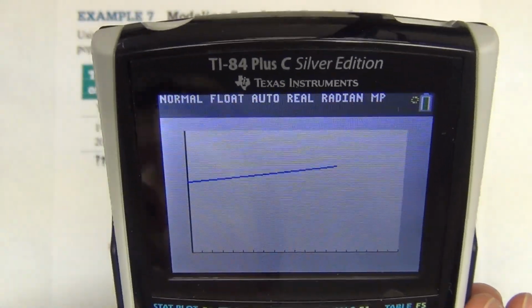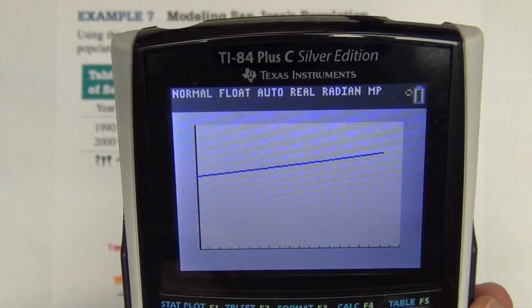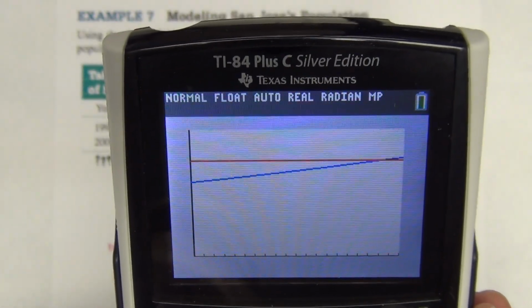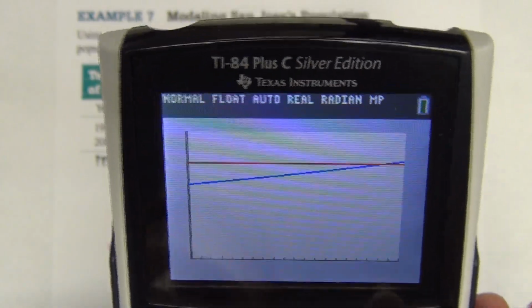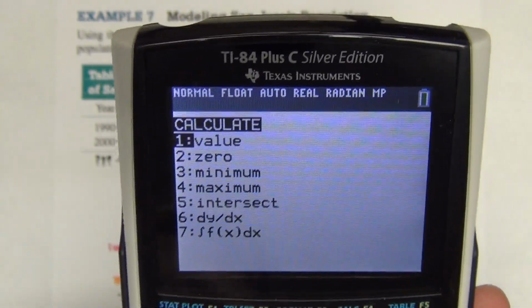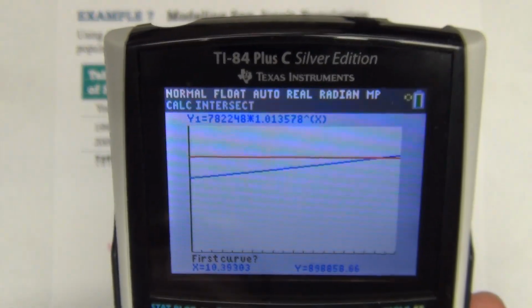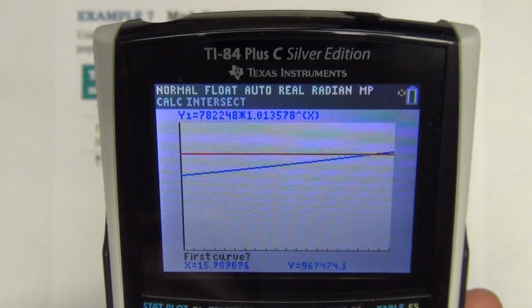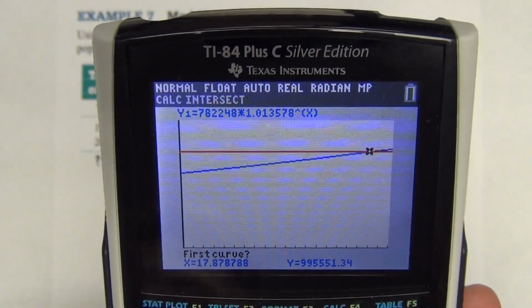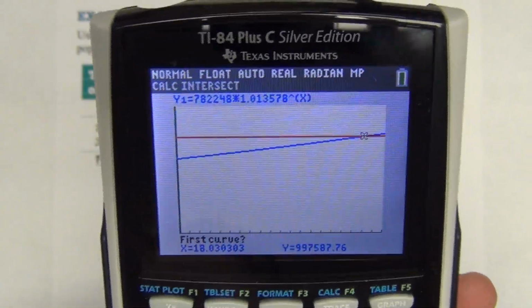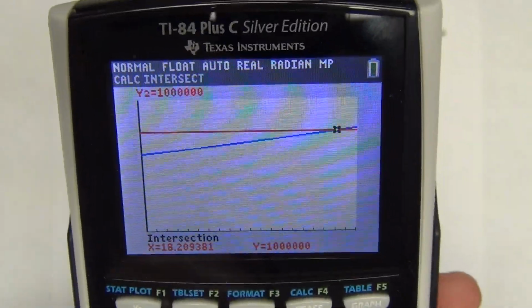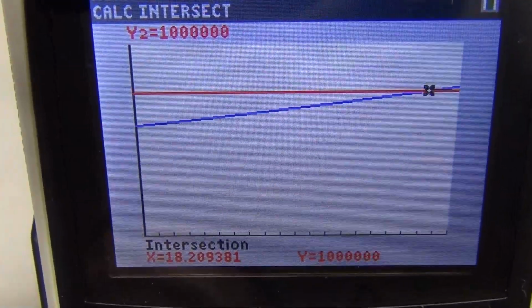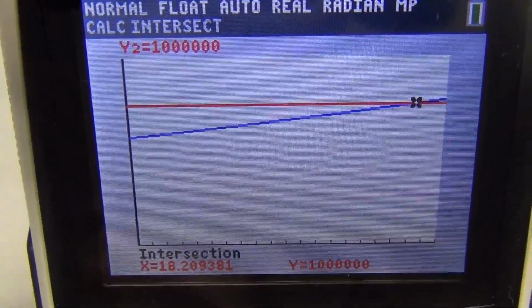So there's the first one, and yes, these are graphing kind of slow. There's the 1 million line. All we need is for them to intersect, and they do. So I'm going to calculate that intersection point way out here. Now, if I hadn't seen the intersection, I would have just made the x maximum a little bit bigger. That looks about right. So we can see the intersection point with the x value down there is what we want, 18.2.